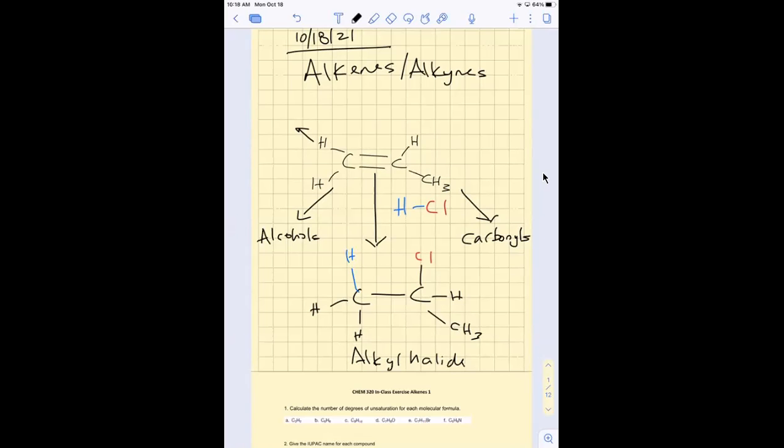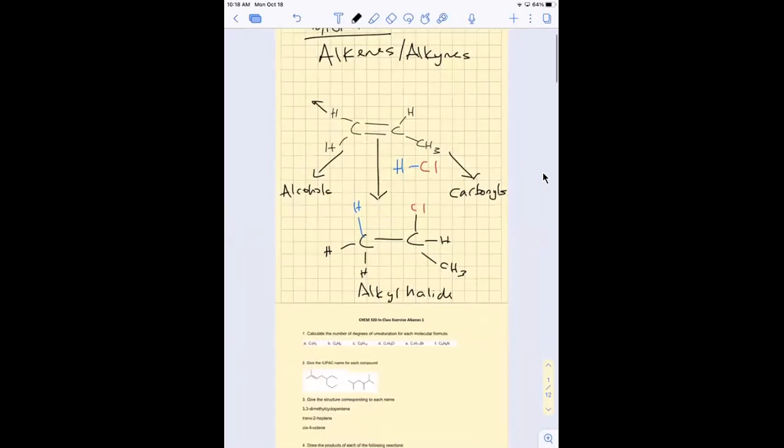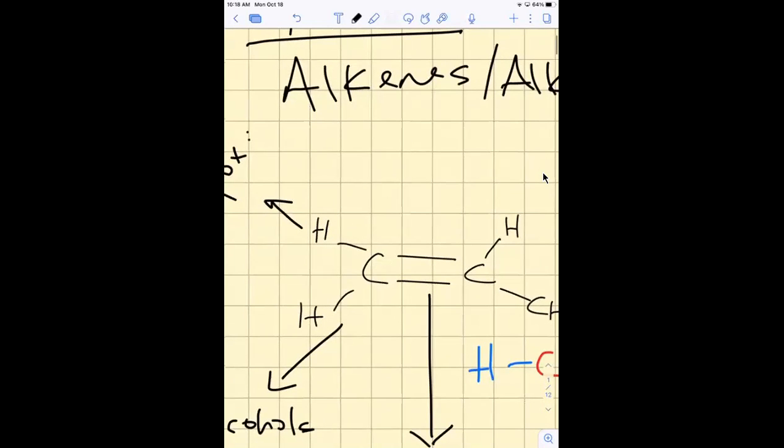I spend a lot of time having to review that type of stuff. So alcohols, alkyl halides, carbonyls, epoxides. That's one of the reactions that we're going to learn.